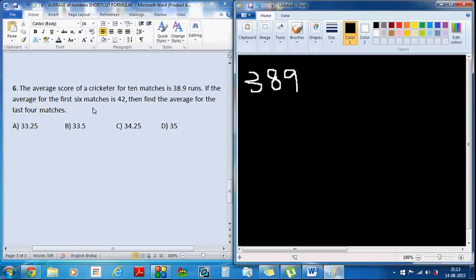If the average for the first 6 matches is 42, the average and the number of matches are given. So the sum of the score for the first 6 matches will be 42 into 6, which will be 252.